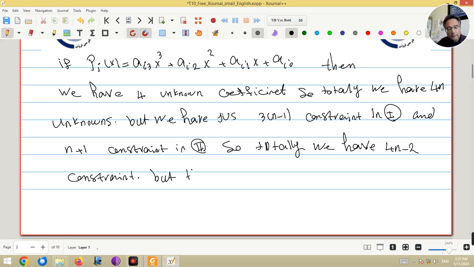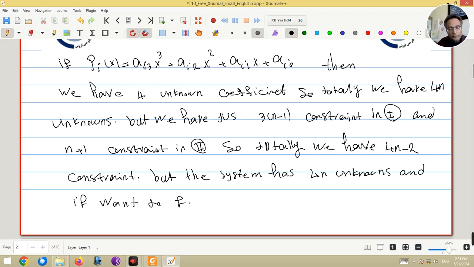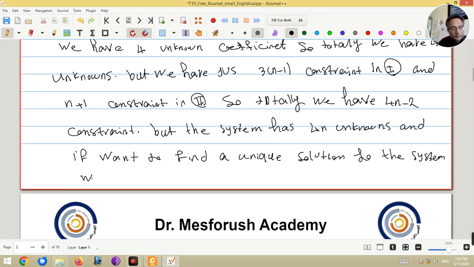But the system has 4n unknowns, and if we want to find a unique solution for the system, we need 2 more constraints.